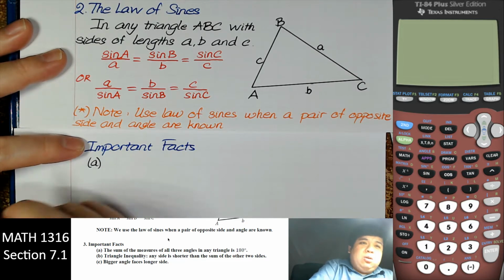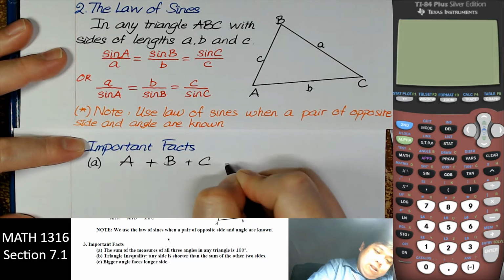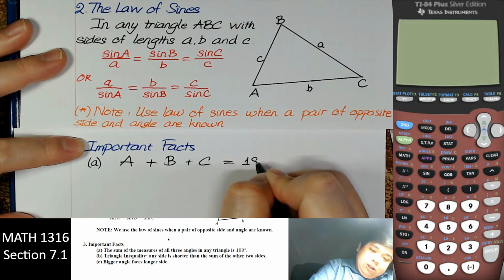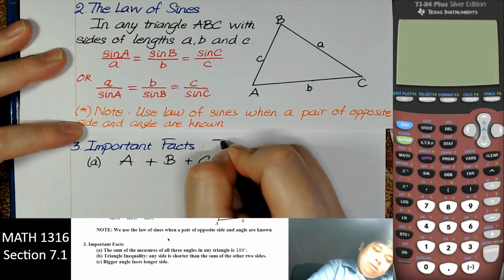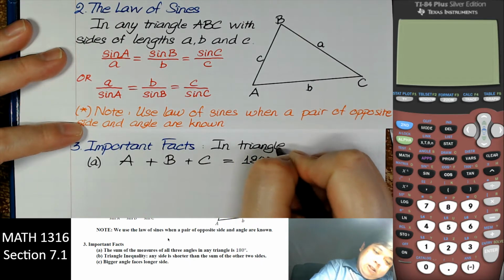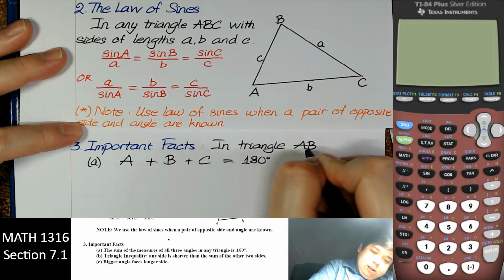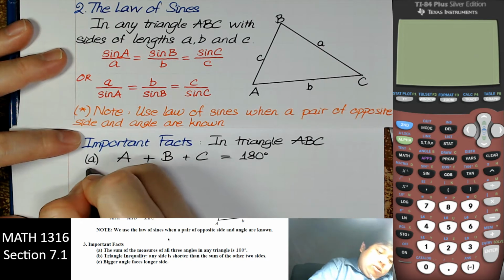So I'm just going to say A plus B plus C equals 180 degrees. In triangle ABC, the angles add up to 180 degrees.